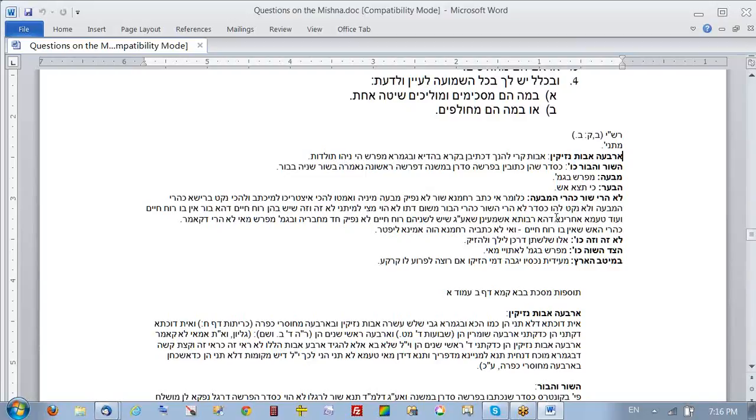So, in other words, I guess what we learned, the Gemara explains what their toldot are. I guess from this we would understand that there are other avot besides these, but these ones are given instead of the other ones because the other ones are not mentioned explicitly in the Chumash.